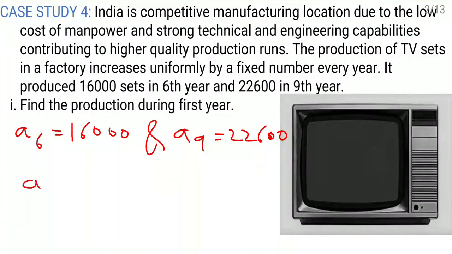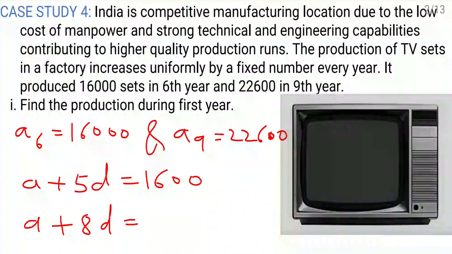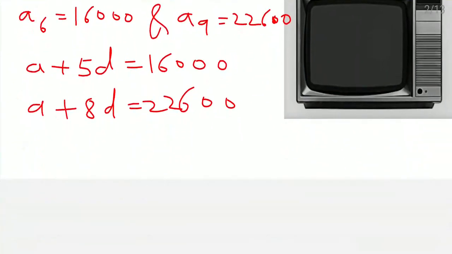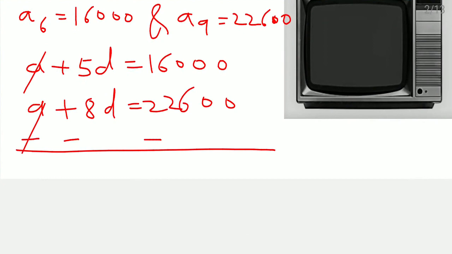So here A6 means A plus 5D, which is equal to 16,000, and A9 means A plus 8D, which is equal to 22,600. Okay, so now we have two equations, we'll subtract them. As I subtract them, every sign will get changed. A and A got cancelled.